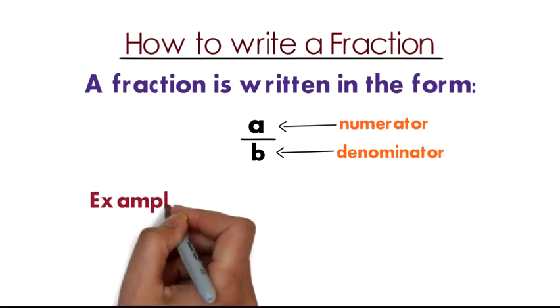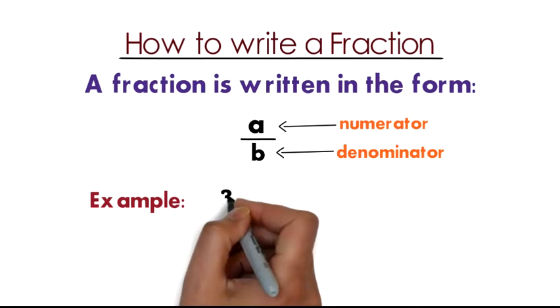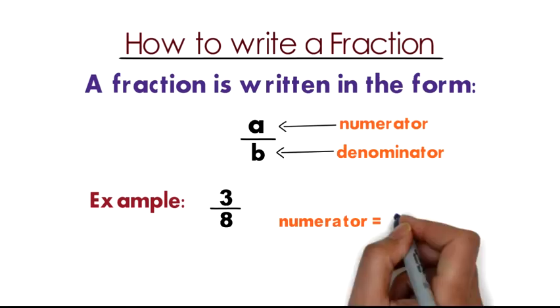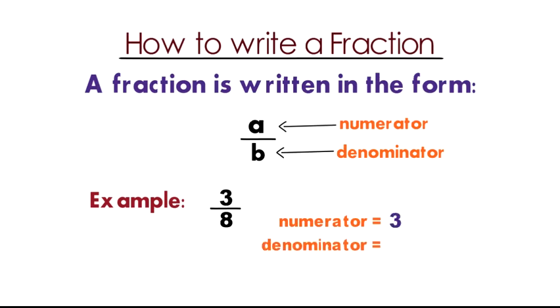Example of a fraction is 3/8. In this example, the numerator is 3, while the denominator is 8. So, in a fraction, the number written above the line is the numerator, and the number written below the line is the denominator.